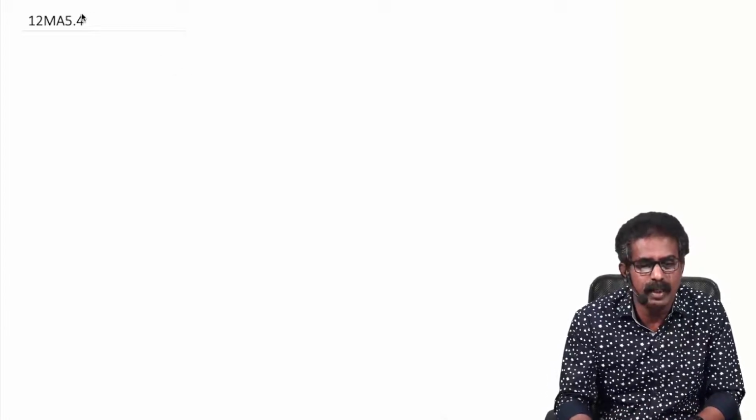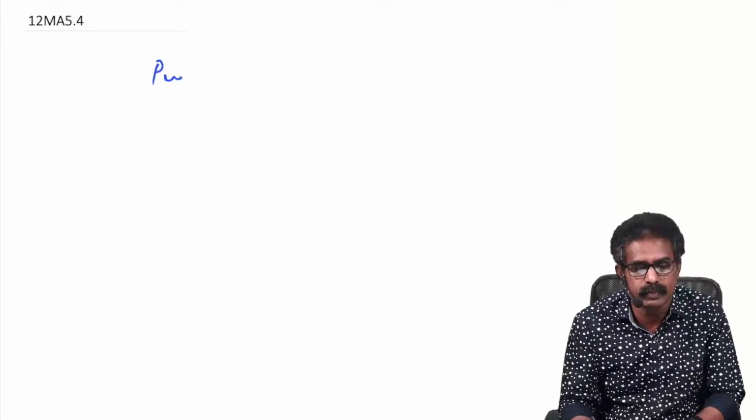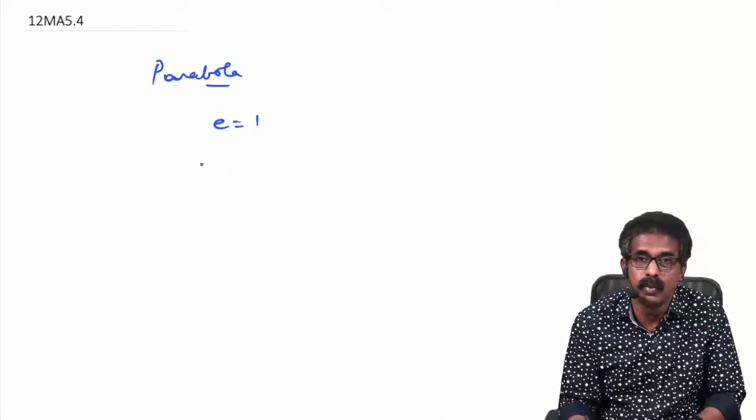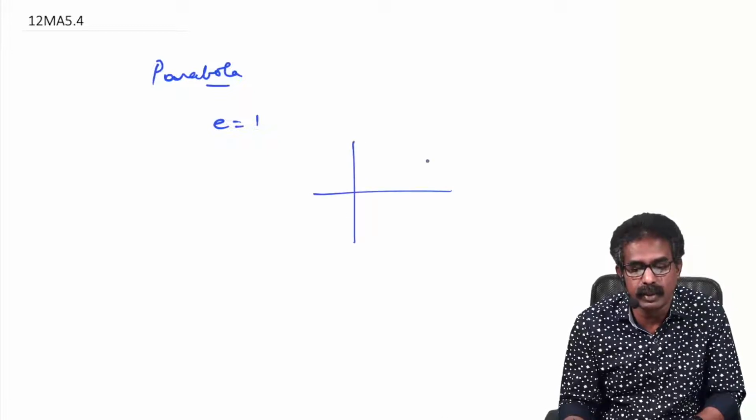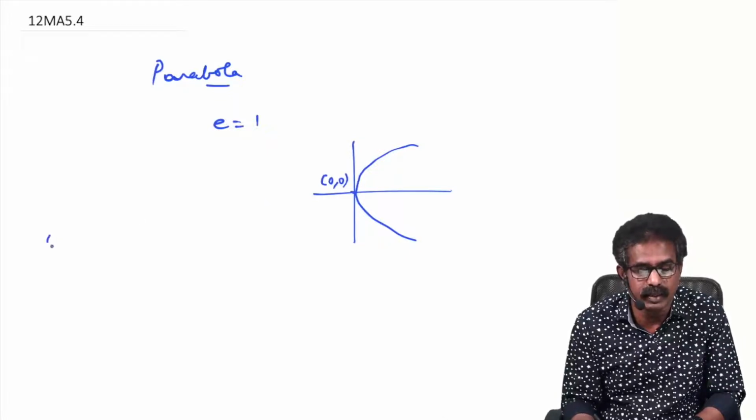For parabola, you know the eccentricity. What is the eccentricity of a parabola? Eccentricity is equal to 1, right? And you know what is focus? There are 4 types of parabola. This is the first type of parabola. This is the vertex. Vertex is 0, 0, and the equation is y square equal to 4ax.